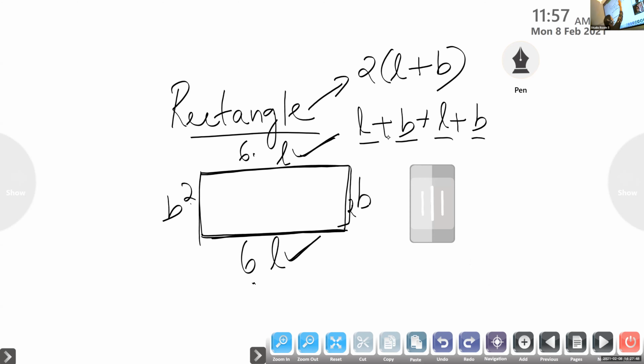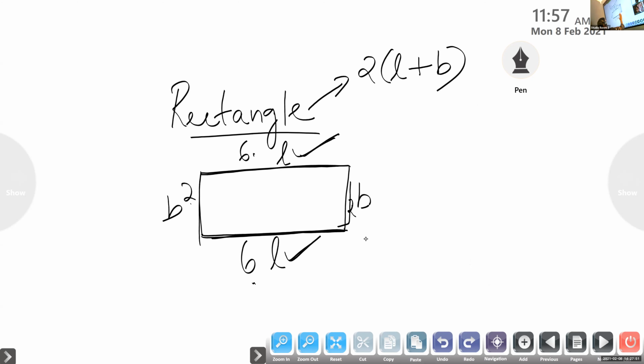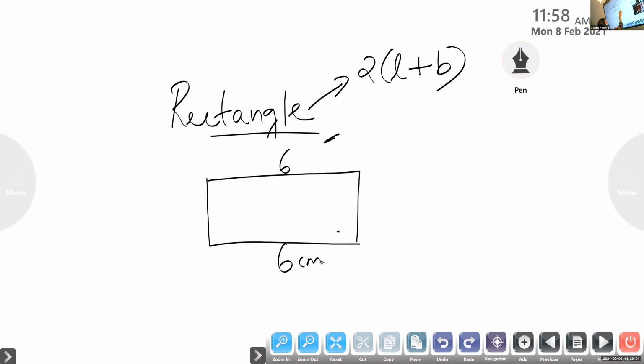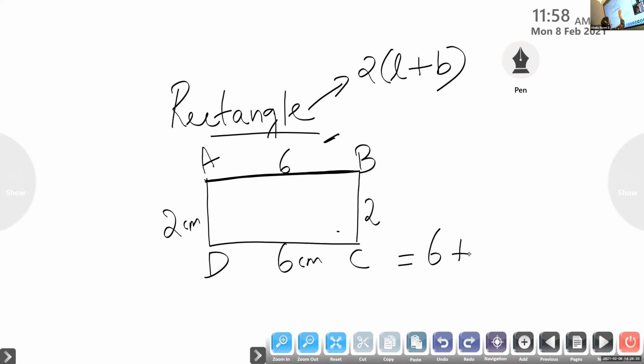Now let's check whether it is the same. This rectangle has length 6 centimeter and breadth 2 centimeter. You know the perimeter means distance around. If I name this rectangle ABCD, I just need to add AB, that is 6, plus all the sides, length and breadth.